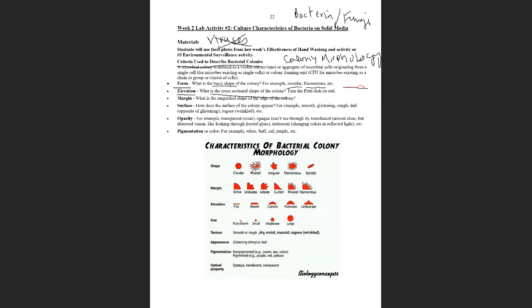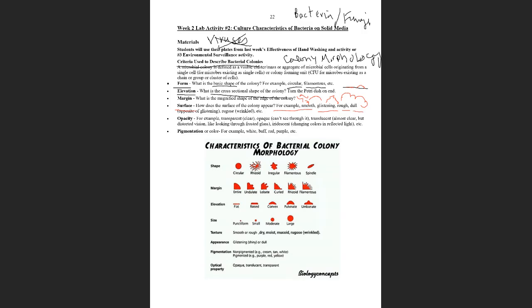There are different variations of raised. I'll show you that in a second. Margin means what type of edges the colony has. Are they clear lines, or are they zigzaggy, wavy, or thread-like, filamentous? So that's the margin. Then you look at the surface. Is the surface smooth, glistening, meaning shiny?